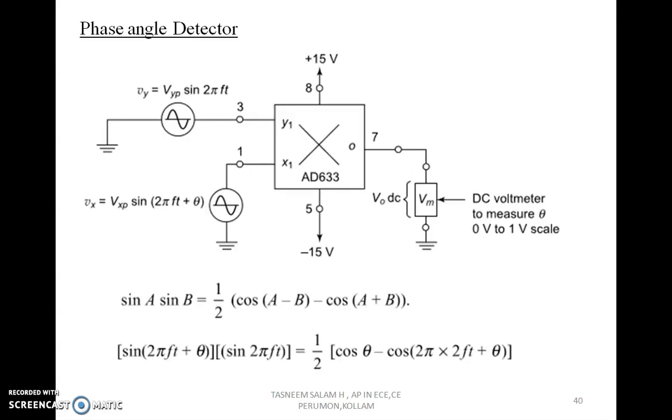So we are going to measure the output with the help of a DC voltmeter. That is, we are going to measure the theta with the help of a DC voltmeter. And the DC voltmeter measures 0 to 1 volt scale. And why the 0 to 1 volt?